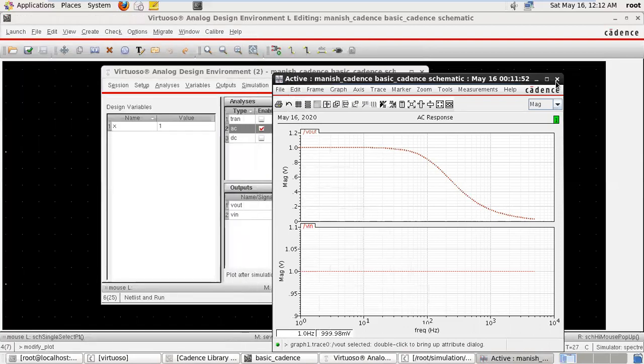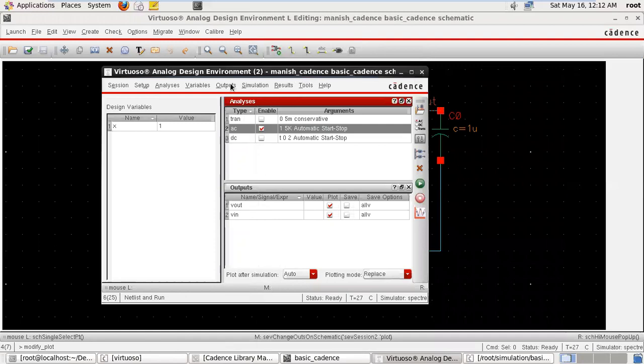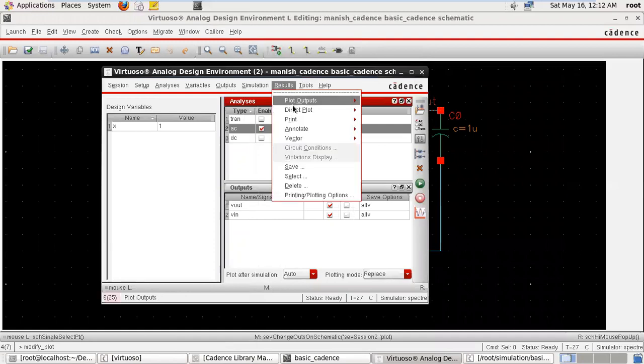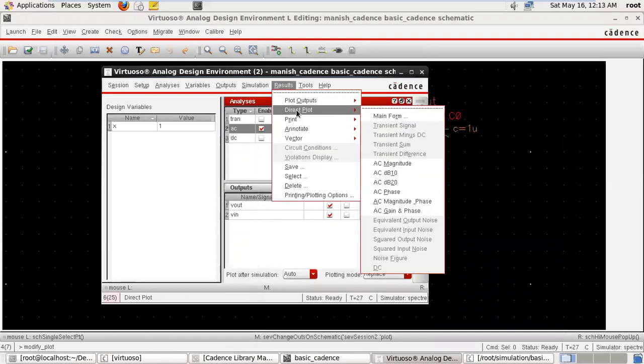Okay, in AC analysis, we can also draw different types of plots by going to the direct plot. This one represents the AC magnitude, only the voltage at the particular node. This is in dB, and this is 10 dB, and this is 20 dB. This one is only the phase. And AC magnitude and phase gives the voltage of a particular node and the phase of that node.